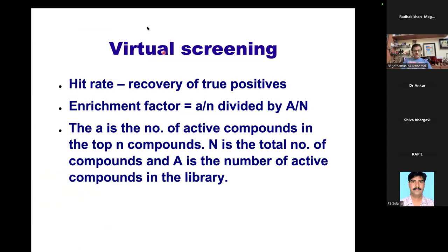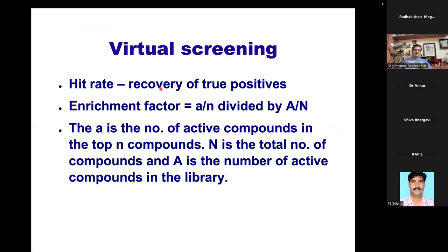So virtual screening involves docking, but you are looking at certain terms, something called hit rate. What is the recovery of true positives in the data set, the molecules that you're taking? How many of them did the docking method identify as really good molecules, good binders?